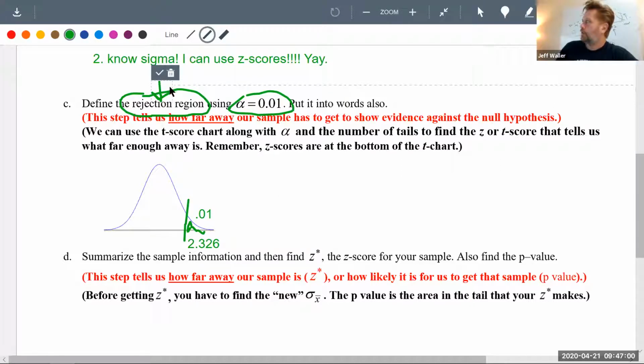That's why we call this the rejection region, because if my sample gets in there, it's so far away from what the null hypothesis thinks that I can say it looks like the null is wrong. The null thinks it's in here, because it thinks it's equal to, or in this case, even less than. But if I get way up there, it looks like that guy's wrong.